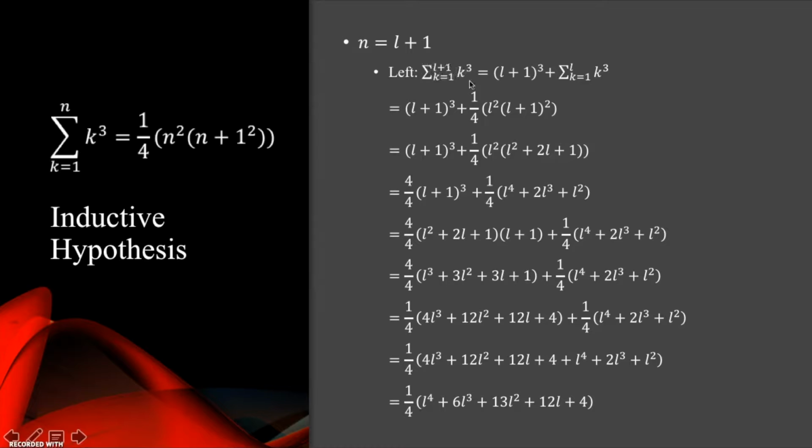Because we have the k cubed here, if we want to take the L plus 1 out, we have to multiply the L plus 1 three times. So what we get here is the (L plus 1) cubed plus our new summation, which is the k cubed for k is 1 to L.